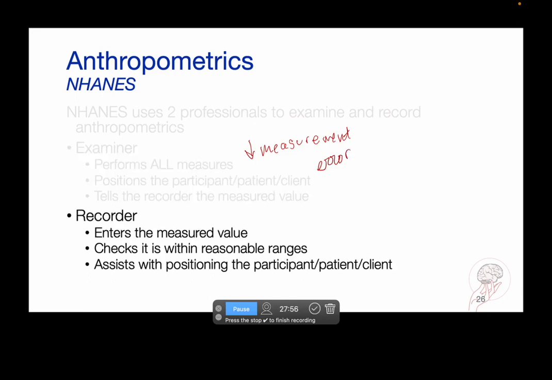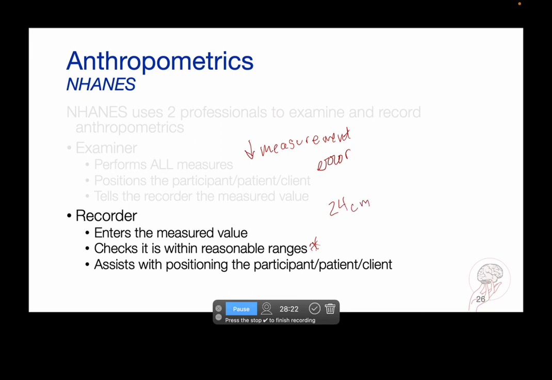The recorder enters the measured value, checks that it's within a reasonable range, and assists with the positioning of the patient or participant. Checking that it's within a reasonable range is important, especially when measuring height. The examiner might accidentally read off the centimeters. They may say, this person is 24 centimeters tall.